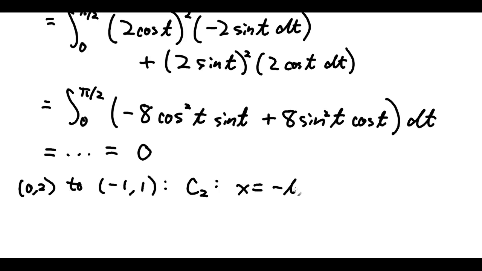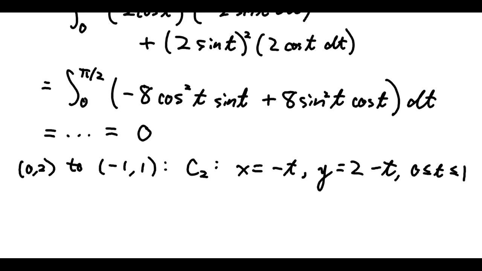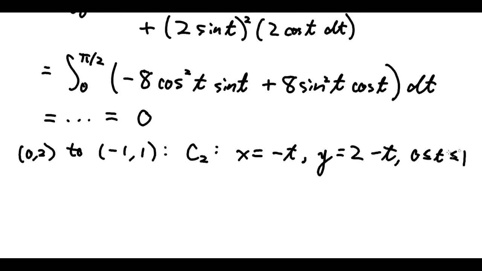So that would be a negative t. y starts at 2 and also decreases by 1, so that's 2 minus t, as t goes from 0 to 1. I just used the standard methods, the shortcuts for building a line segment from back in section 12.5. Everything we've done in this course is kind of coming together in chapter 6.